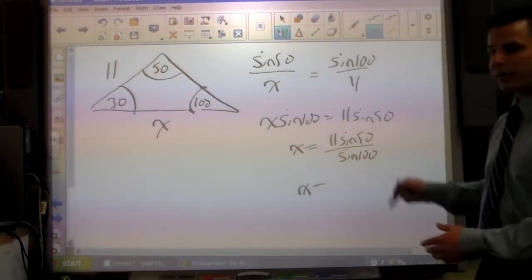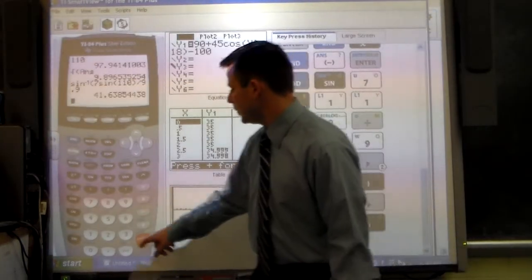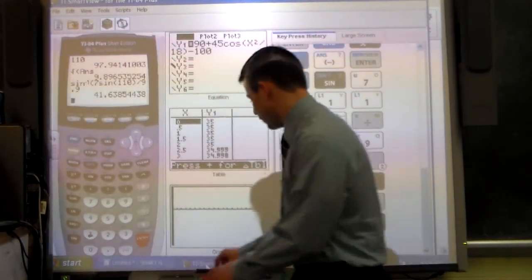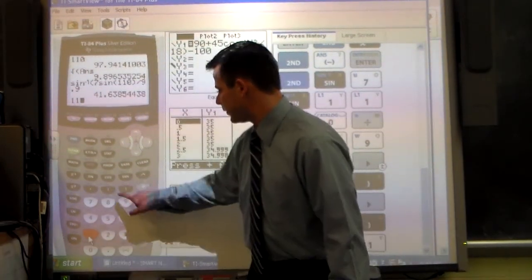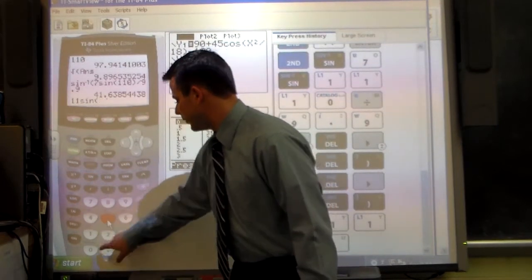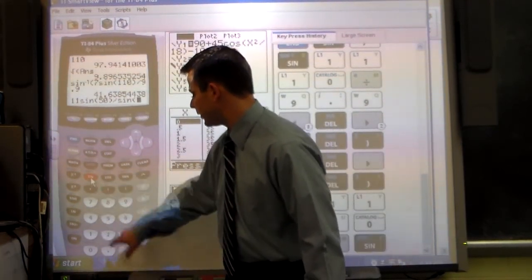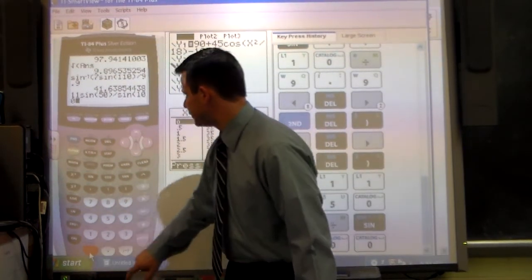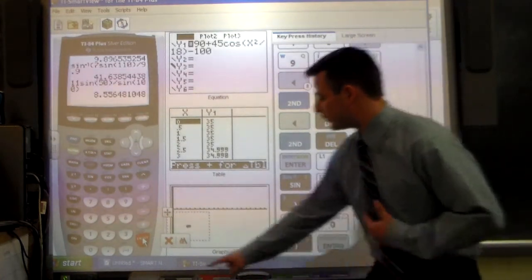And then the rest is all calculator work: 11 times the sine of 50 divided by the sine of 100, and we get 8.56.